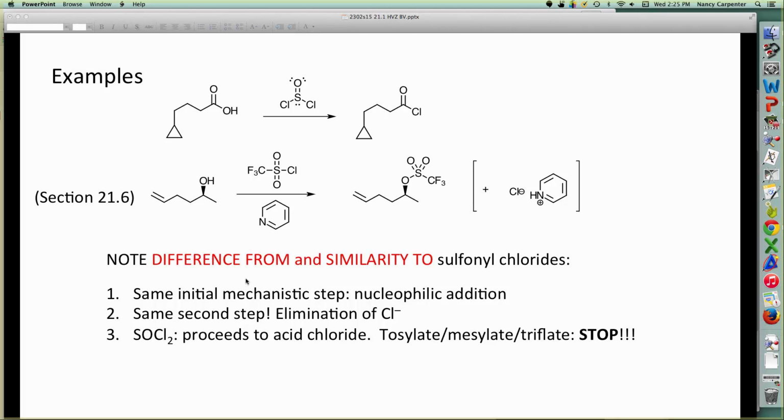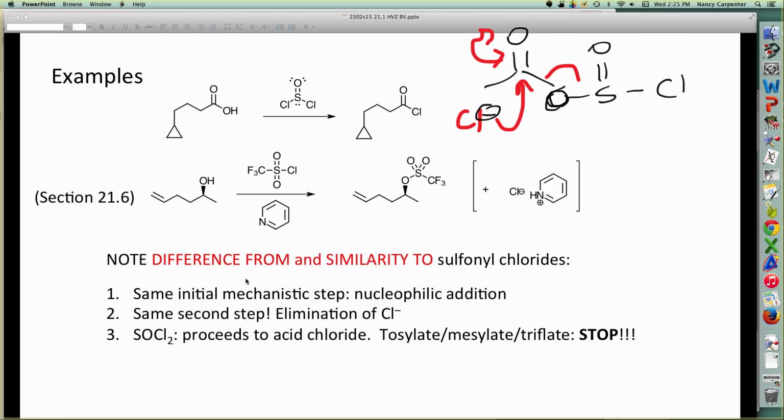Well, you did with the other one too, but that Cl minus can kick out a fantastic leaving group, better than anything you can possibly imagine. Any gas is a fantastic leaving group. And so the reaction continues.